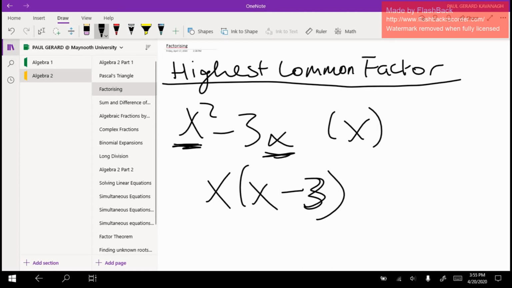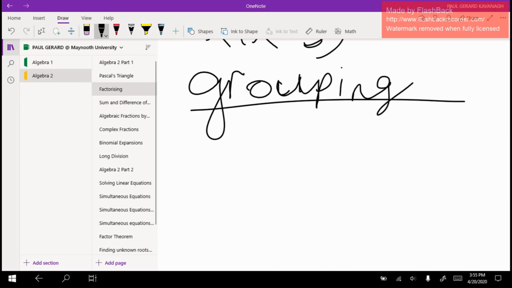So grouping is another one. What this means is that you're taking one whole expression, and there will be 4 terms, and 2 of these terms will have a similar variable. The other 2 will have another similar variable. And what you do is you act as if they are 2 separate expressions.